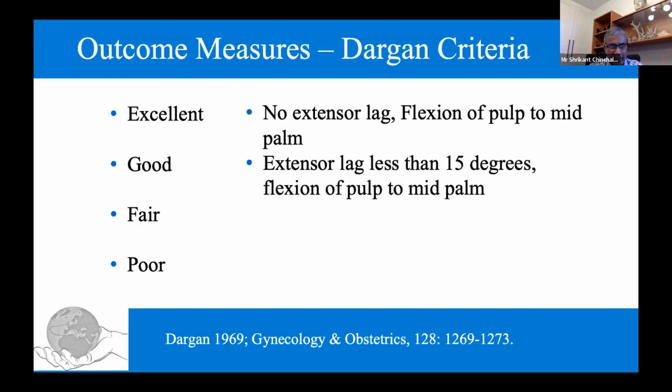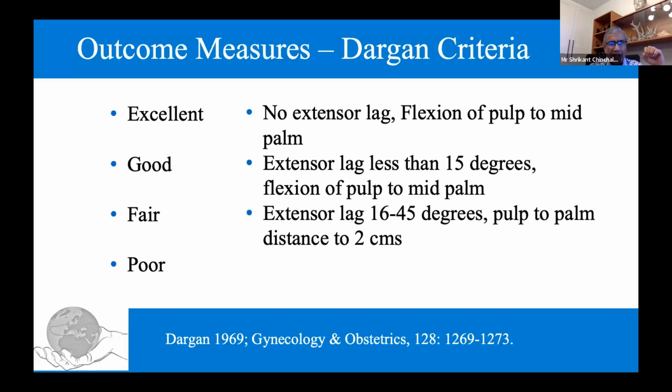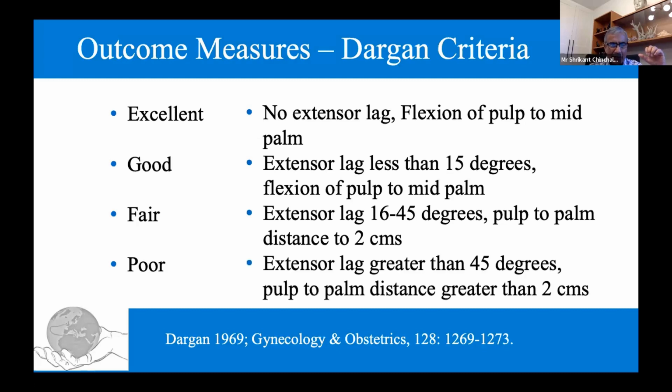His good category included extensor lag less than 15 degrees and patients yet having the ability to flex their fingers, pulp to mid palm. The fair category was if the patient had extensor lag between 16 to 45 degrees and pulp to palm distance was 2 centimeters.